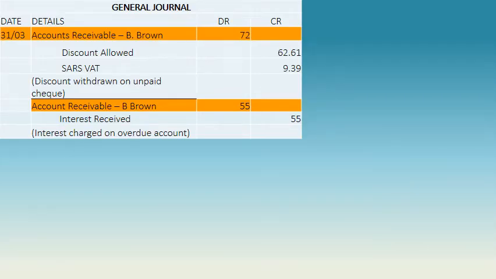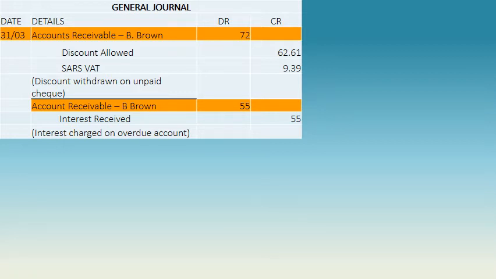At the end of the month, after adjusting entries have been captured, the General Journal under the details reflects that the accounts receivable control in the General Ledger, as well as B. Brown's account, should be debited with an amount of 72 rand.